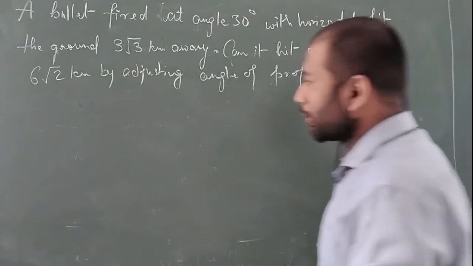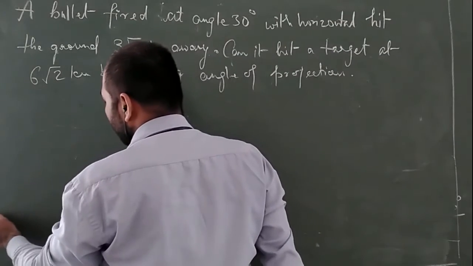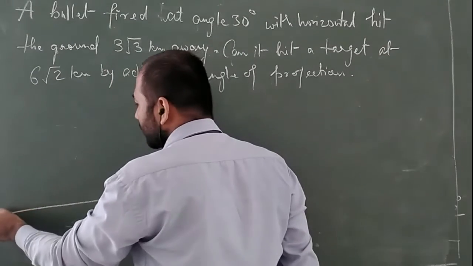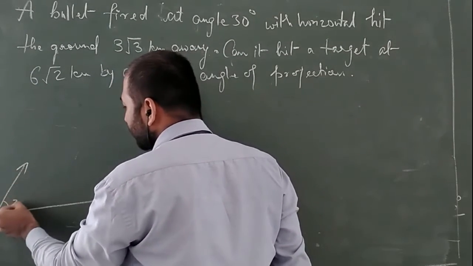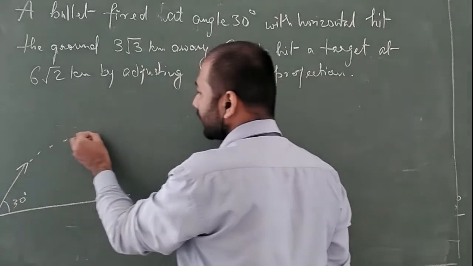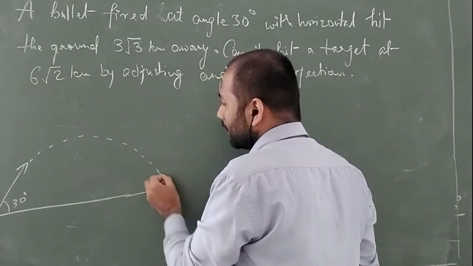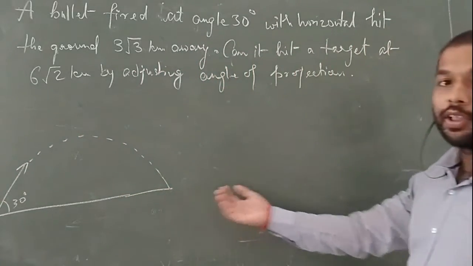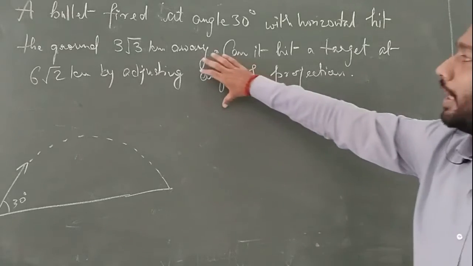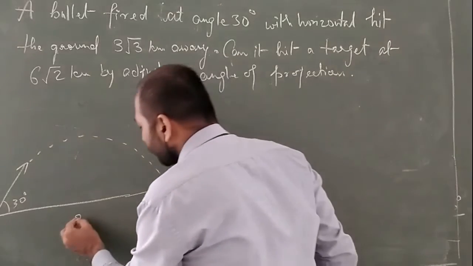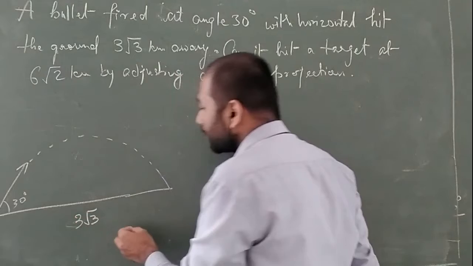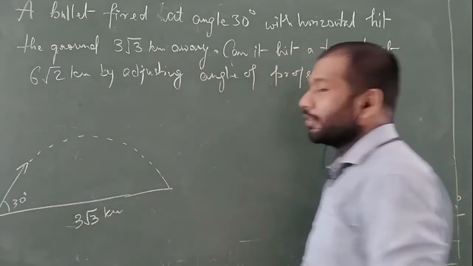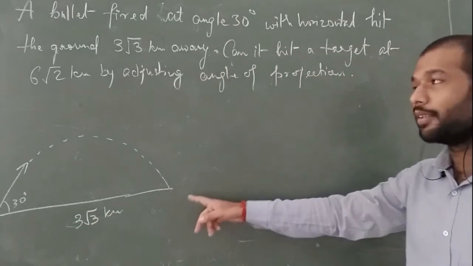So what is given to us is a projectile which is projected at 30 degrees, and it falls horizontally at a range of 3 root 3 kilometers at an angle of 30 degrees.